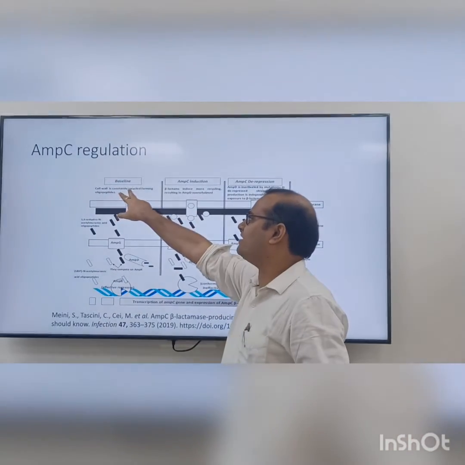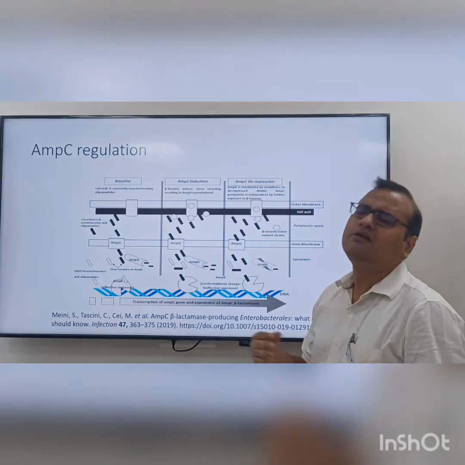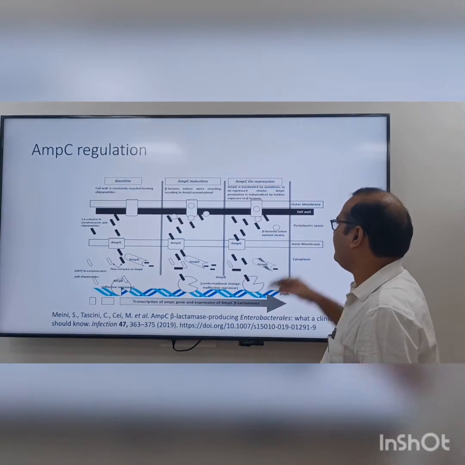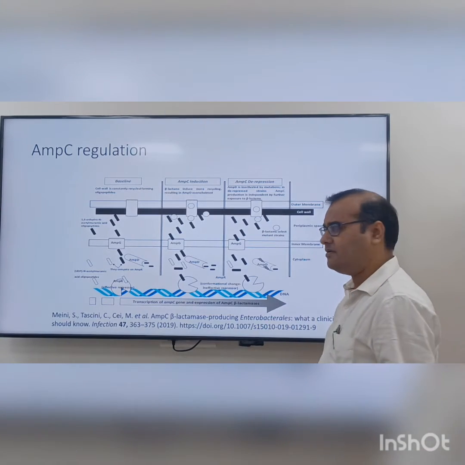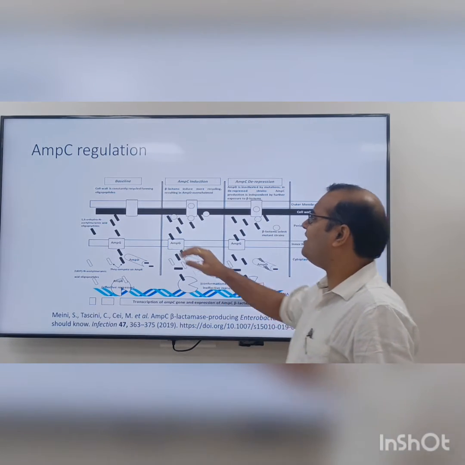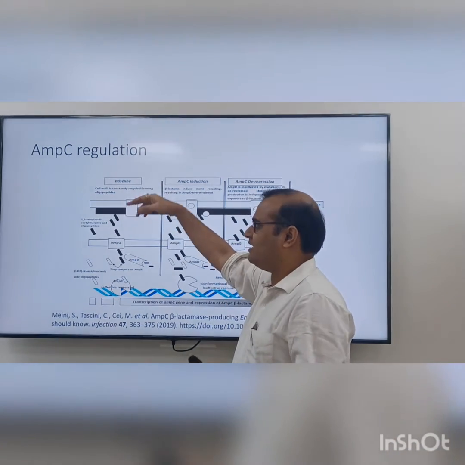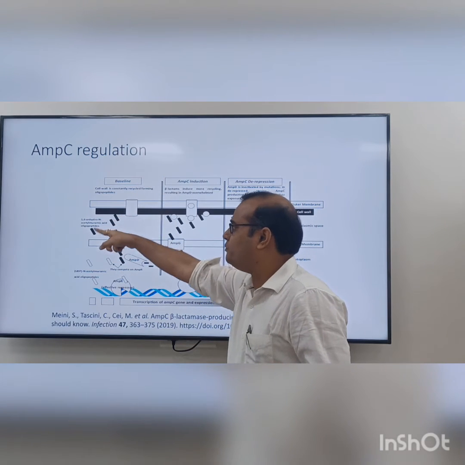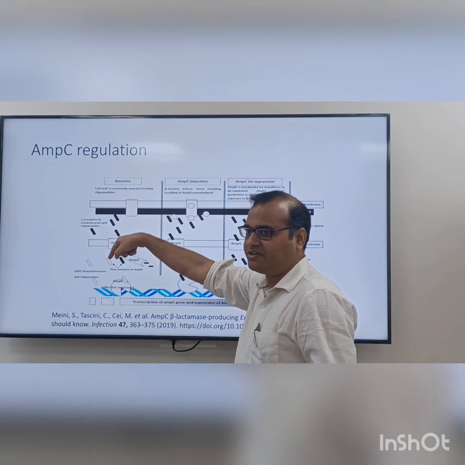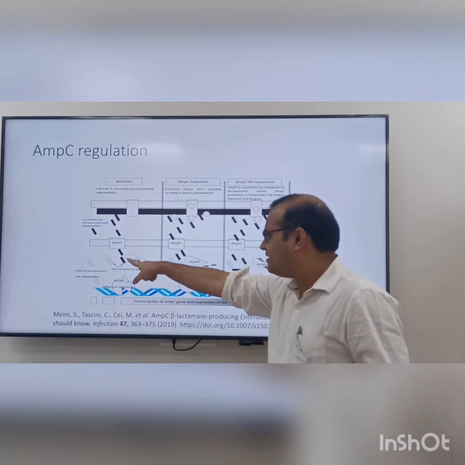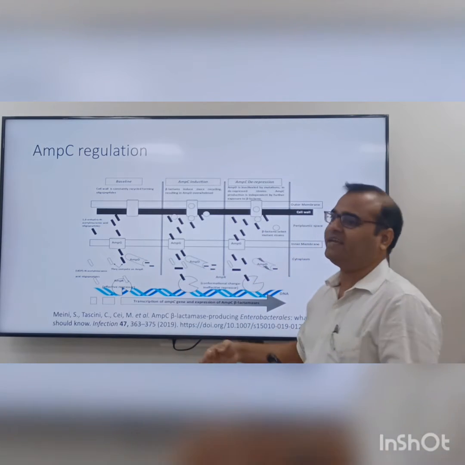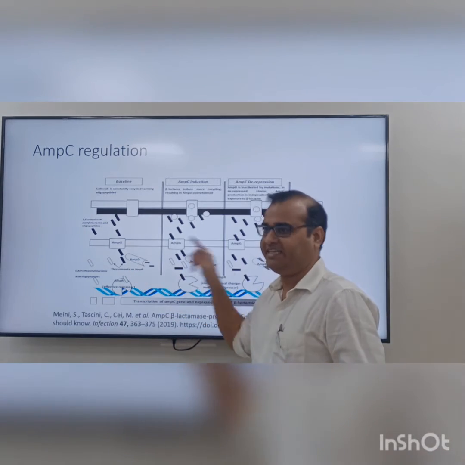This is the cell wall that is constantly recycled, forming the oligopeptide. This is the outer membrane of the gram-negative bacteria, and here in normal circumstances these neuropeptides are transported through the AmpG gene and processed by another gene known as the AmpD gene.